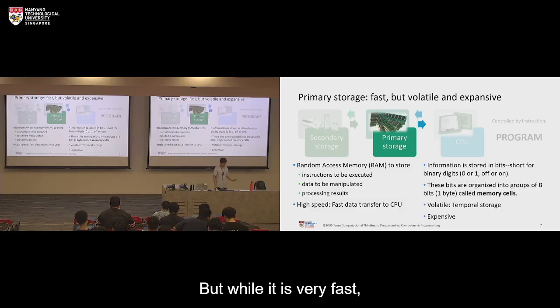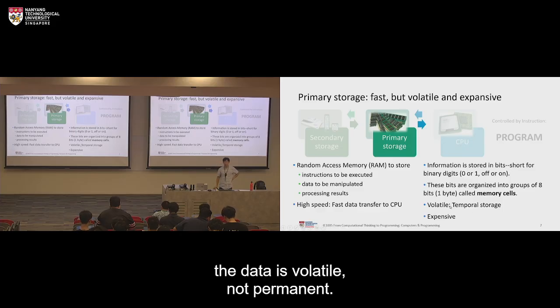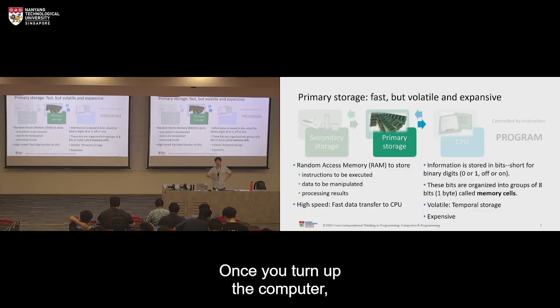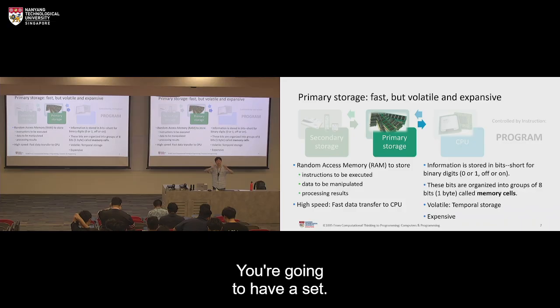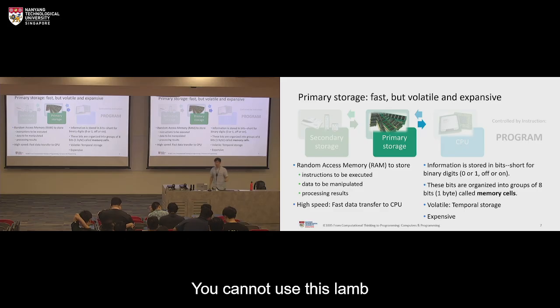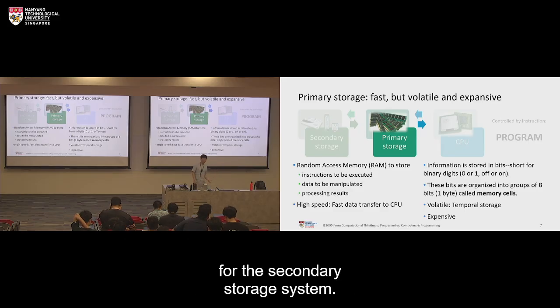But while it is very fast, one of its characteristics is that the data is volatile, not permanent. So once you turn off the computer, the data stored in this RAM will totally disappear. You're going to have a reset. So this is the characteristic, and you cannot use this RAM for the secondary storage system.